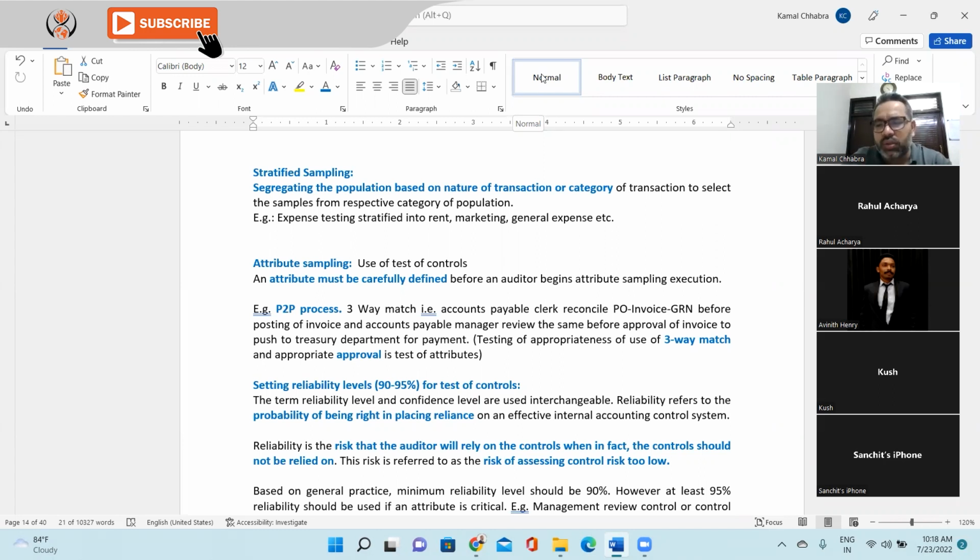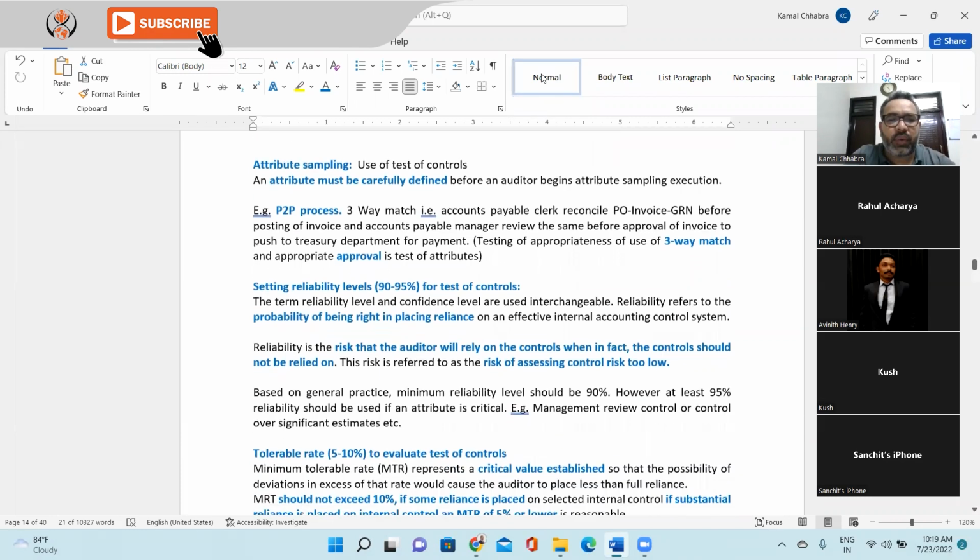Basically, the respective control activities are generally considered as attributes. Make sense? Any doubt? What is an attribute? It is the control you have, who is monitoring and doing that control, the control owner, and what activity he is doing for those controls.